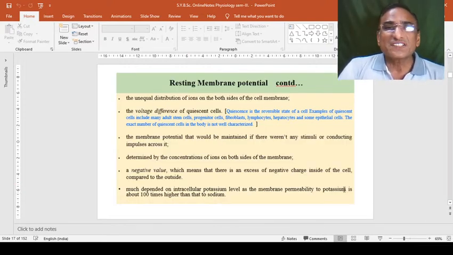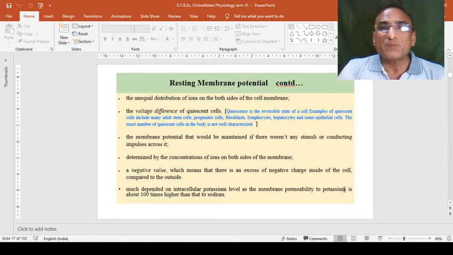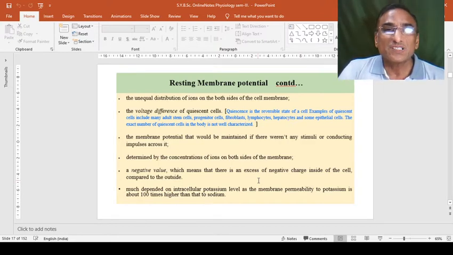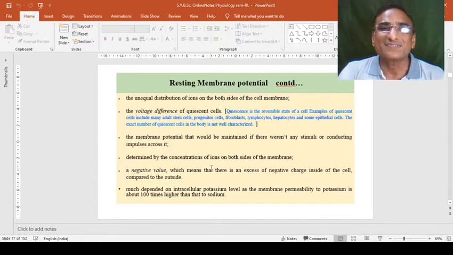Some characteristics regarding the resting membrane potential are to be discussed here. The unequal distribution of ions on both sides of the membrane causes imbalance, and the resting membrane potential is naturally affected.